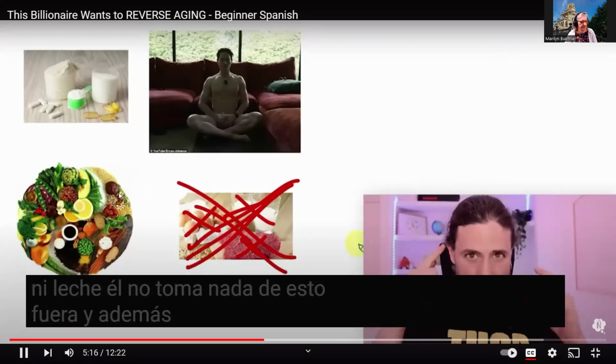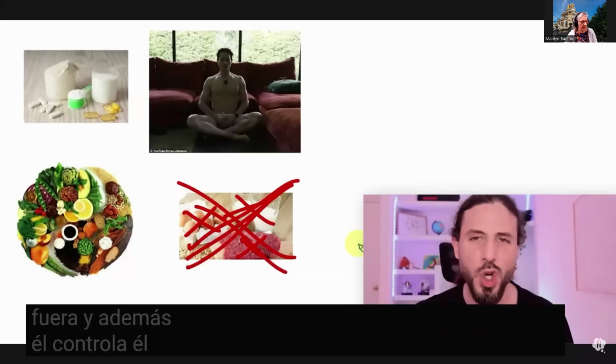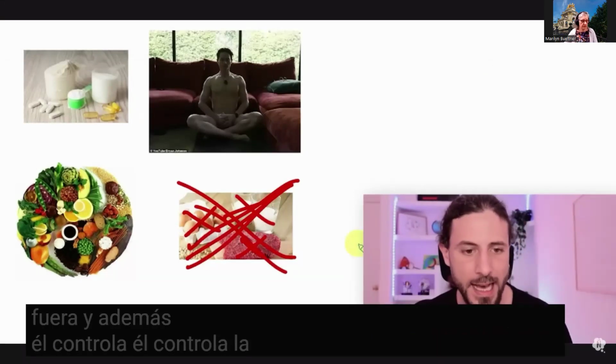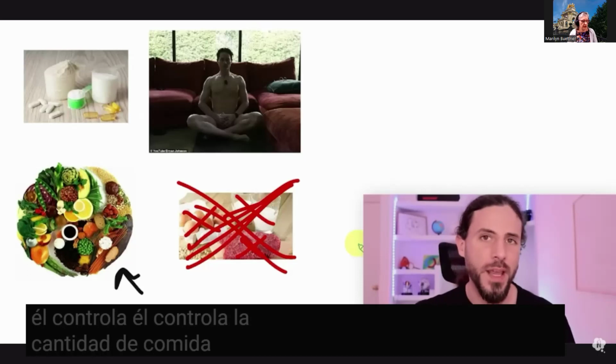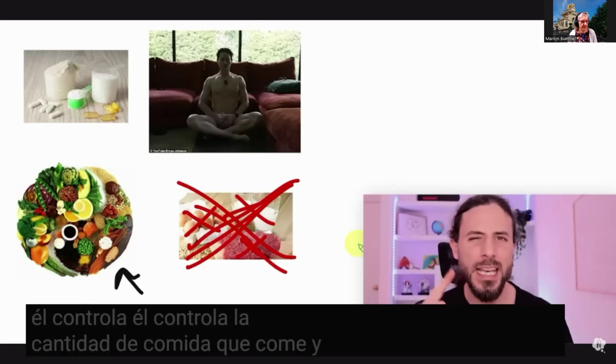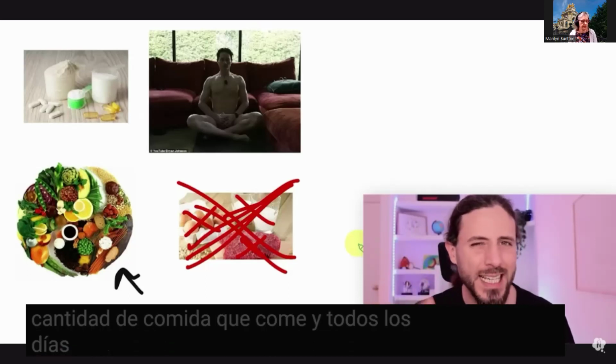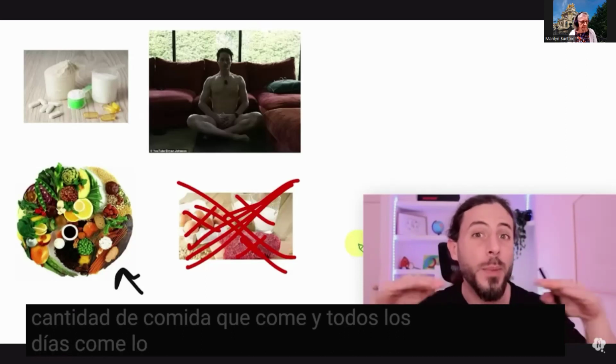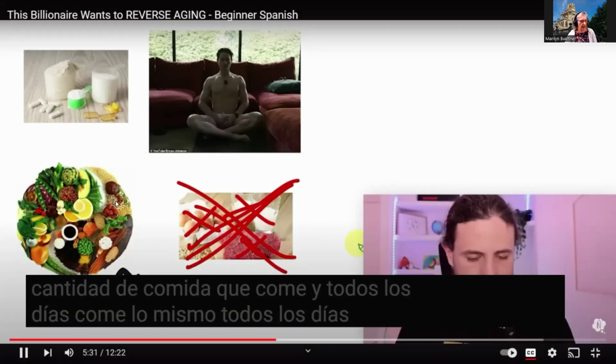Y además, él controla la cantidad de comida que come. He controls the quantity of food that he eats. Todos los días come lo mismo. Every day he eats the same thing.